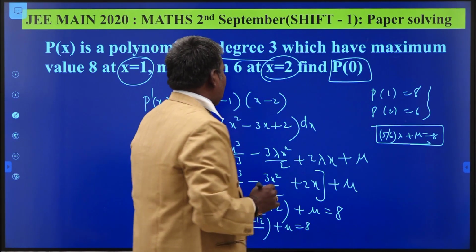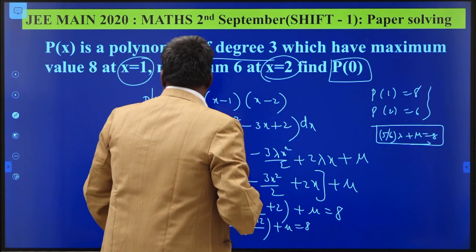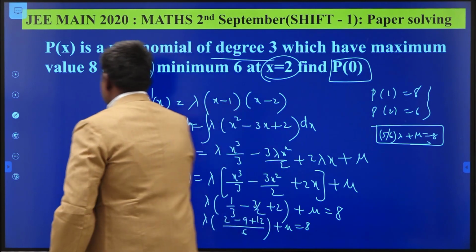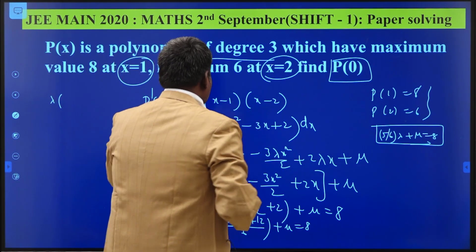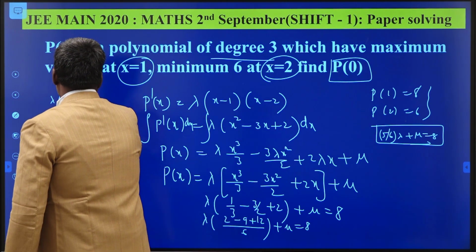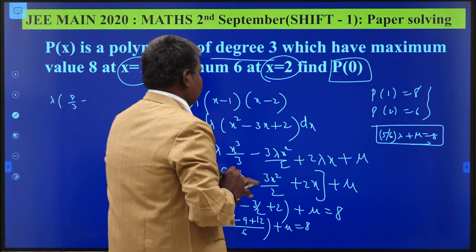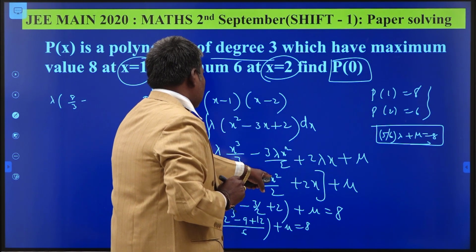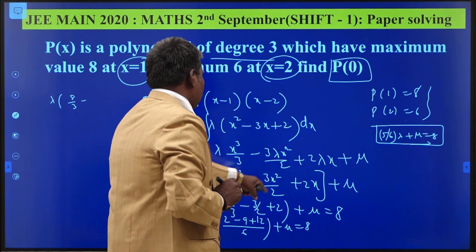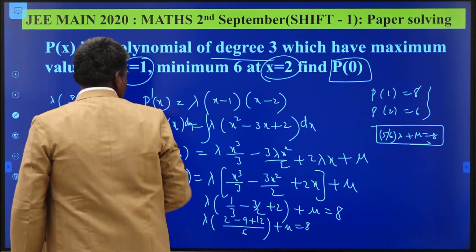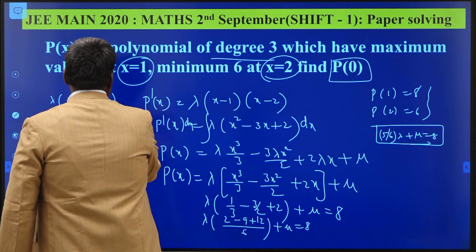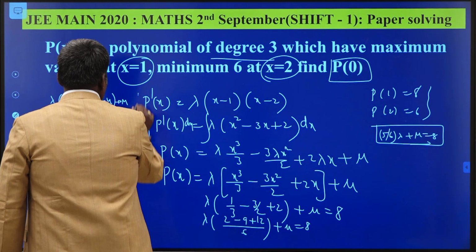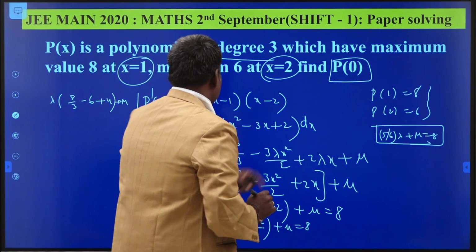Again substitute the value as 2. Here lambda times of, substitute 2, 8 by 3 minus, 2 2s are 4, 4 by 2 means 2, 2 3s are 6, plus 2 2s are 4, plus mu is what? 6.